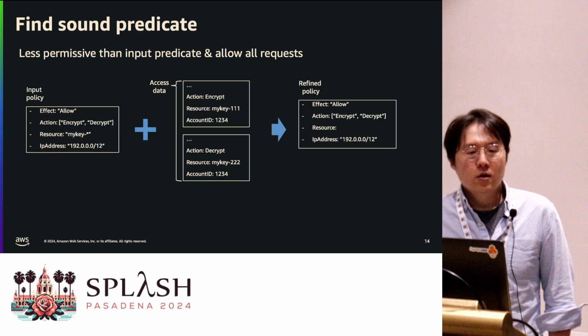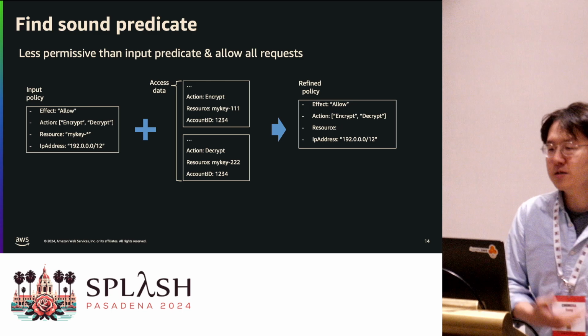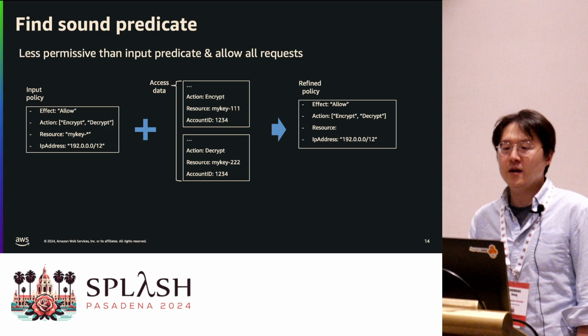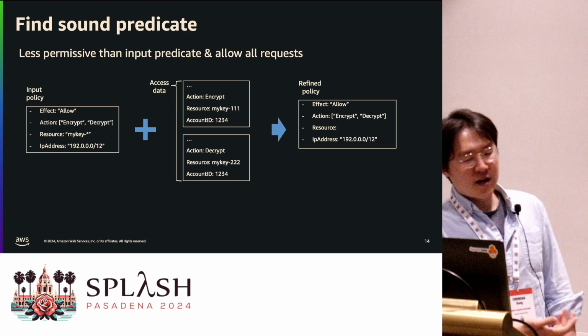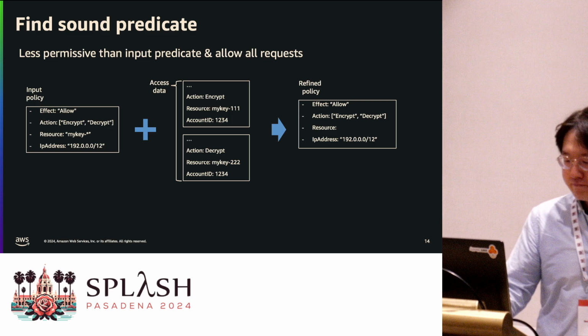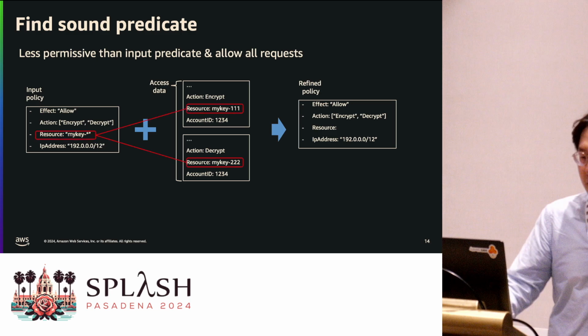A sound predicate means the predicate should be less permissive than the original predicate, and it should allow all the requests. This is the same policy and access data I have shown. Since the requests are already allowed by the input policy here, we refine the predicate with the exact matched request values.